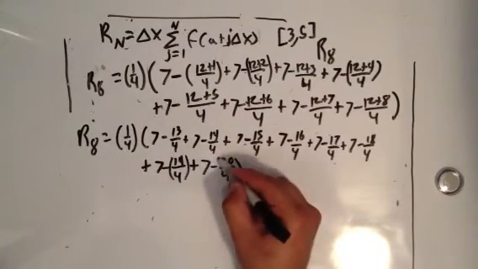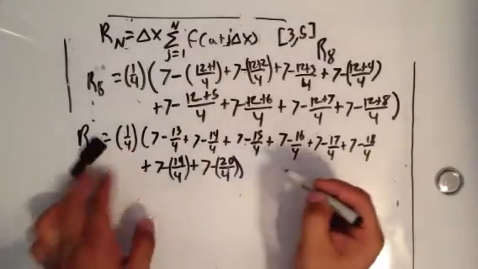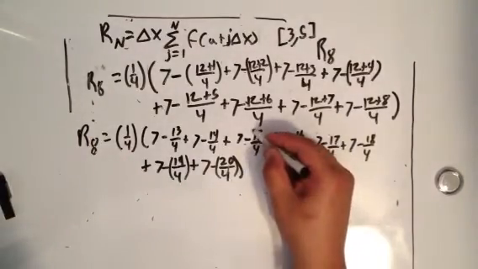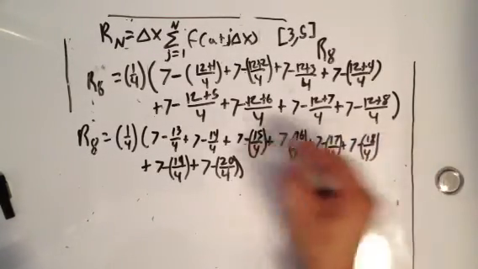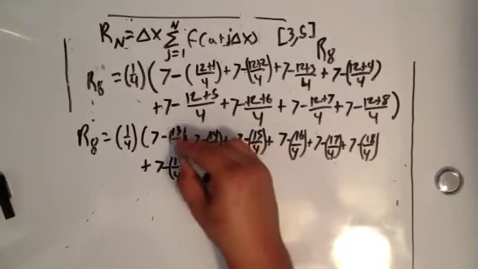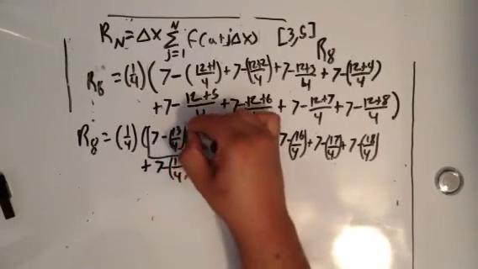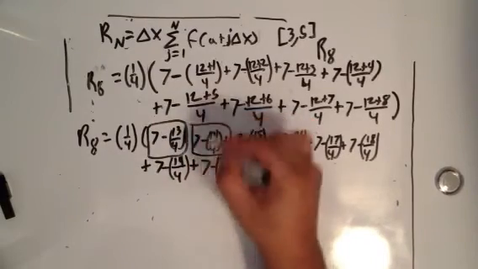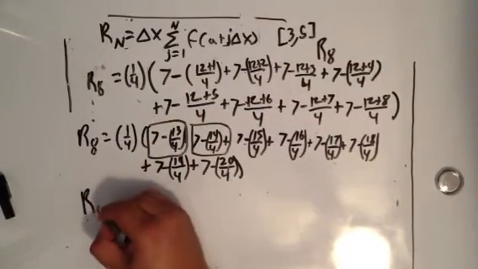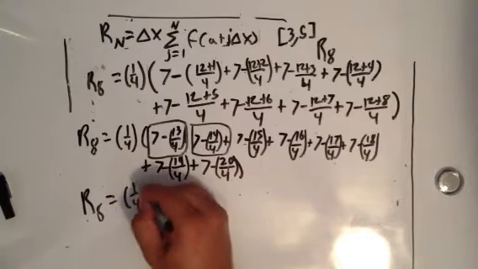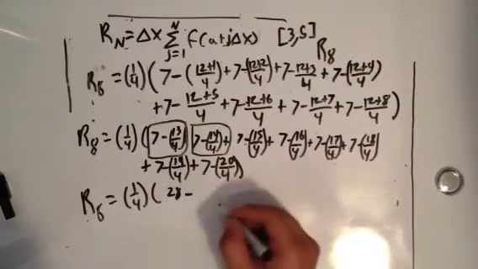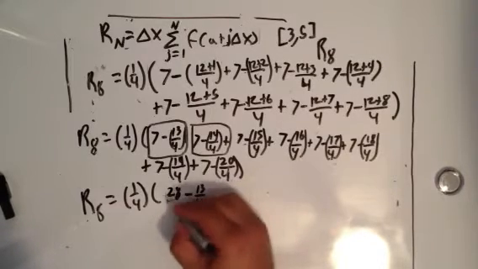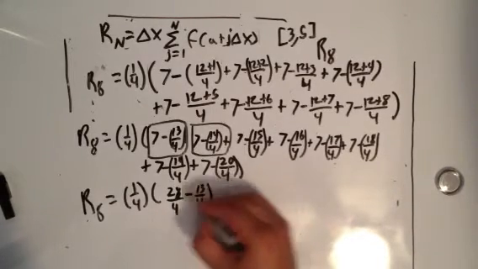And we can add parentheses around all our fractions. Let's move that out of the way. So now we're just going to get common denominators with everything, with the 7 minuses. So r of 8 is equal to 1/4 times 28 over 4 minus 13 over 4.